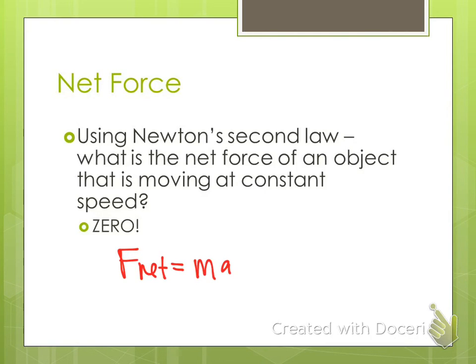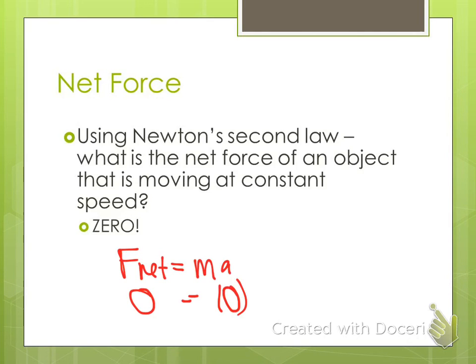What's the acceleration of an object that's moving at constant speed? 0. So anything times 0 means our F net is going to equal 0. So there's a mathematical representation as to why that is true. If it's moving at constant speed, there's no acceleration, which means it has a 0 net force.